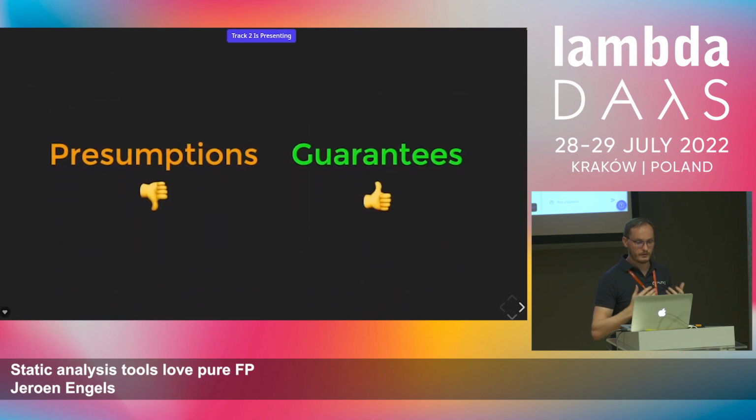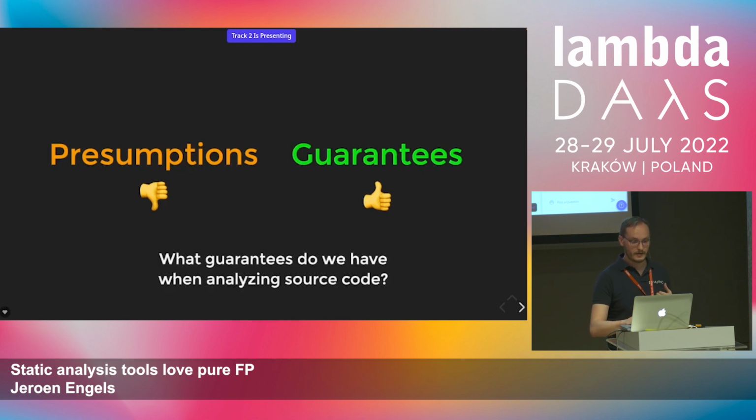So presumptions are a useful and necessary tool, but they can create problems when they turn out to be wrong. What we want instead is more information and guarantees about the code. Like we want to be sure that something works as it is expected. So what guarantees can we have when we analyze source code? And that's what we're going to look at right now.